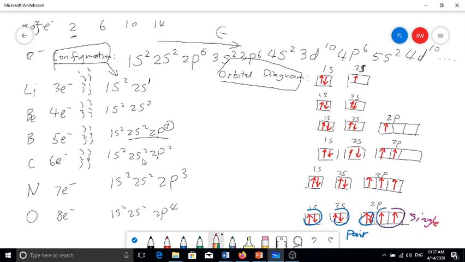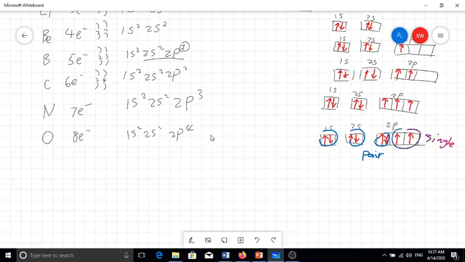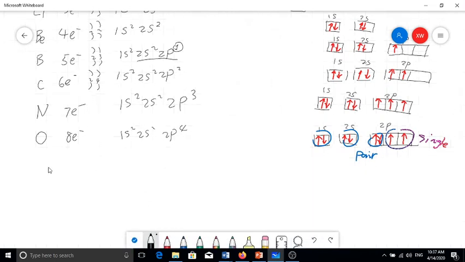The other thing, when we talk about electrons around the nucleus, one of the key pieces of information we have to get out is valence electrons. For instance, in the case of nitrogen and oxygen, by definition valence electrons are the electrons located on the highest main level or principal level.